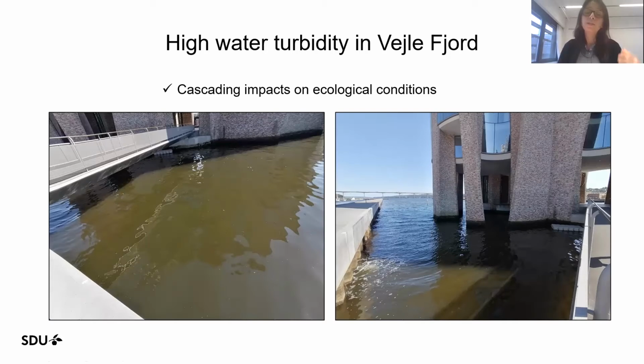It's very urbanized, not only in the coastal areas, but also upland. We need to have more vegetation there. And that leads to cascade impacts on the ecological conditions in this area, because as you can see, we have very limited light. The water transparency is not very high. So some aquatic plants, for example eelgrass, will not really thrive in these conditions.